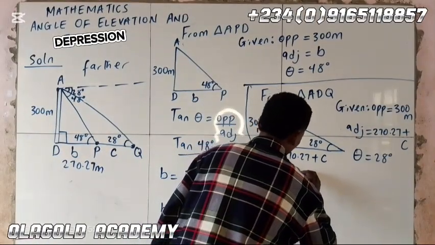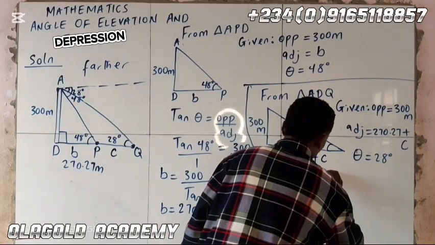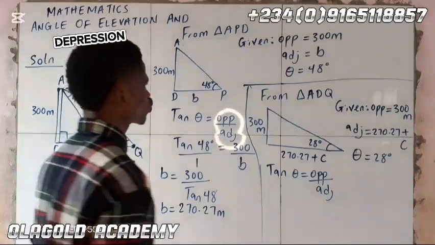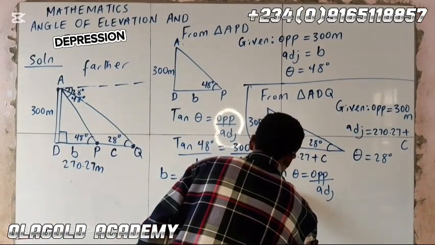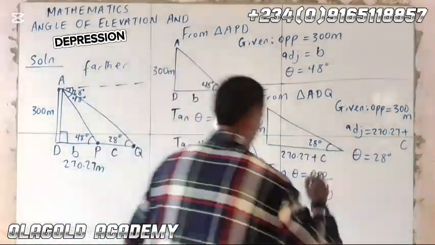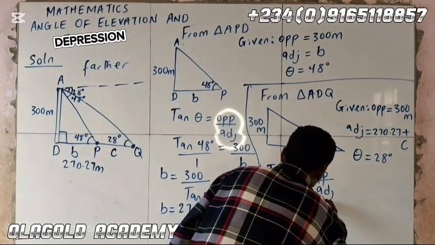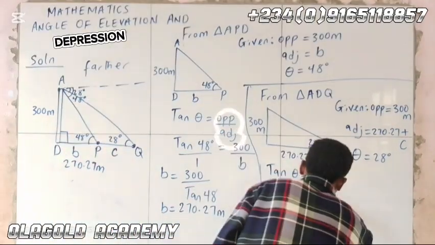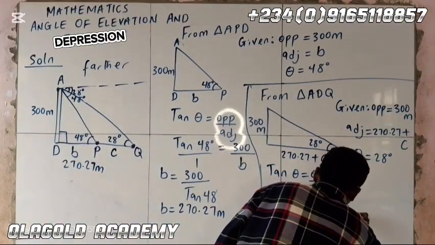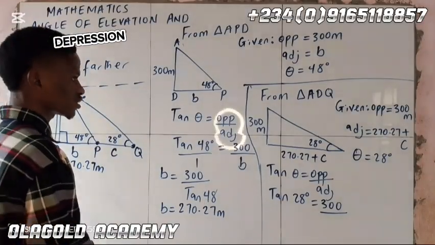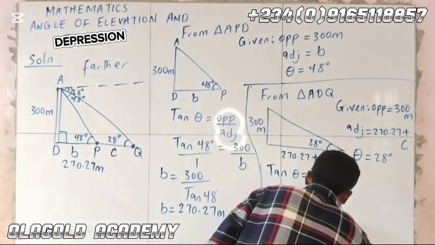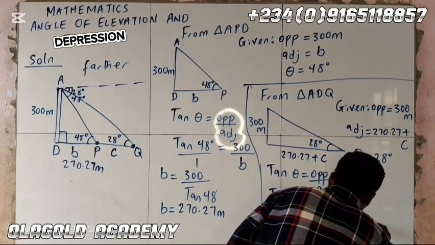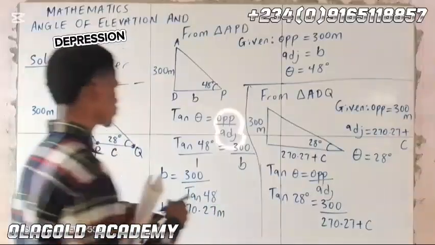Tan theta equal to opposite over adjacent. So tan 28 degrees equal to my opposite, 300, over my adjacent, 270.27 plus c.